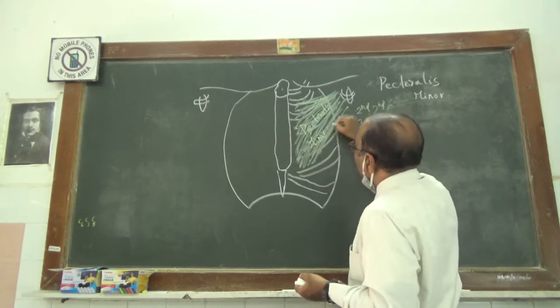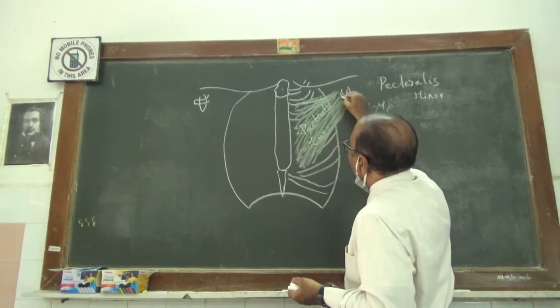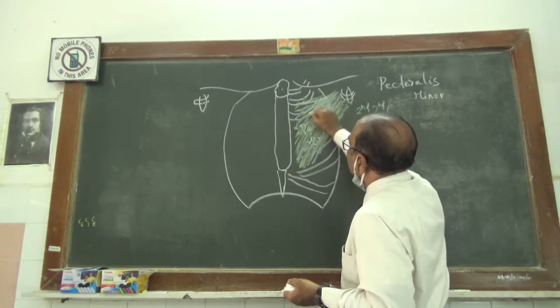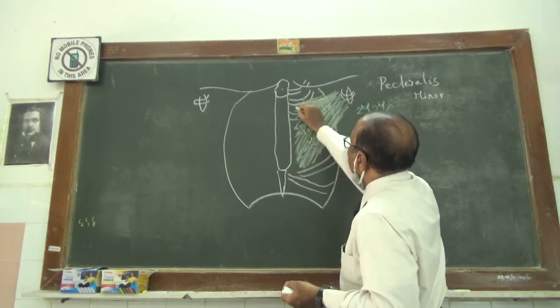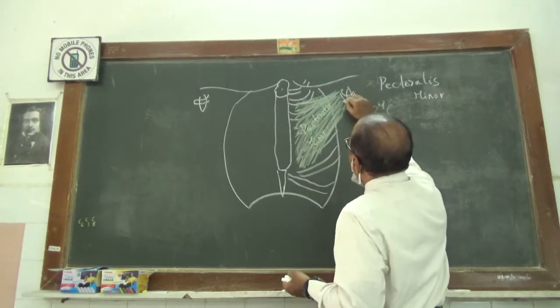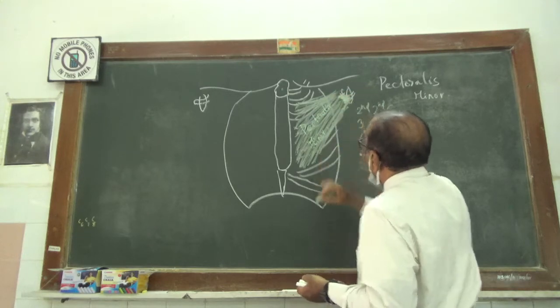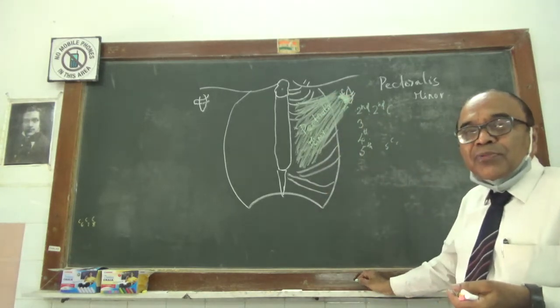From there, the pectoralis minor runs upwards and laterally towards its point of insertion on the anterior surface of the body of the coracoid process of the scapula.